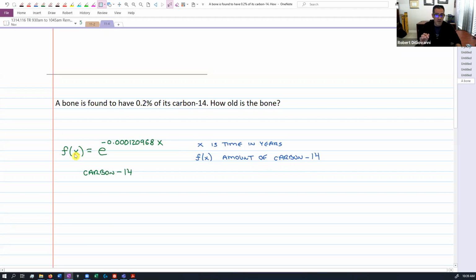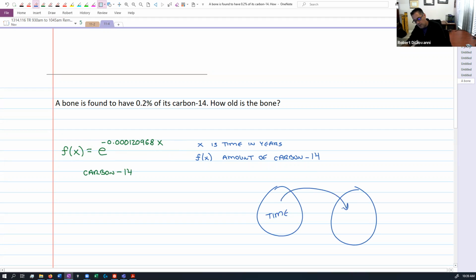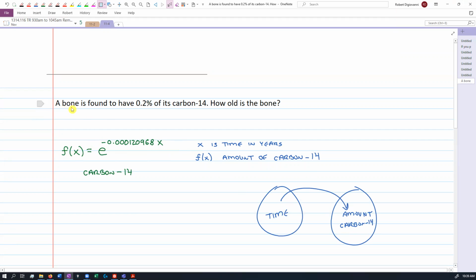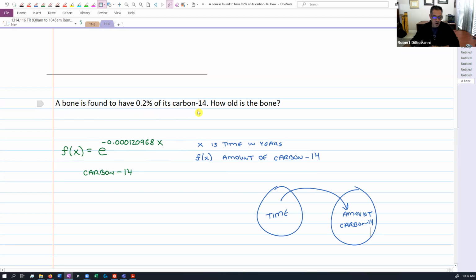Is that clear to everyone? X goes in as time. If you look at this as a function, time goes in, amount of carbon-14 is what comes out. So look at the problem that they're giving us. A bone is found to have 0.2% of its carbon-14. How old is it? Is this question asking us for the amount of carbon-14 there is, or the time it took to get that much? Which of these two is it asking for?